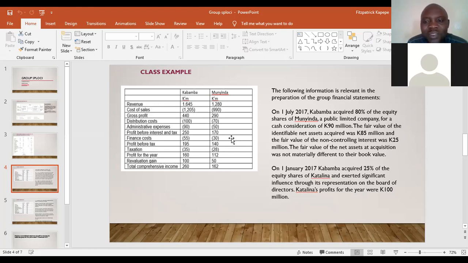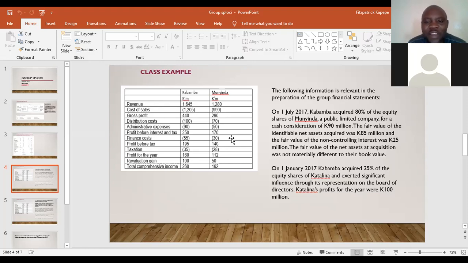The parent acquired 80%, so the NCI is supposed to be 20%, right? 20% of what? Here, you have already been told the policy is to use the fair value.